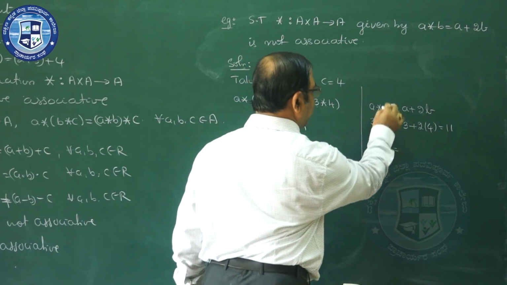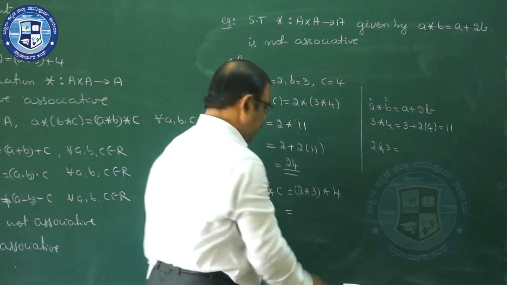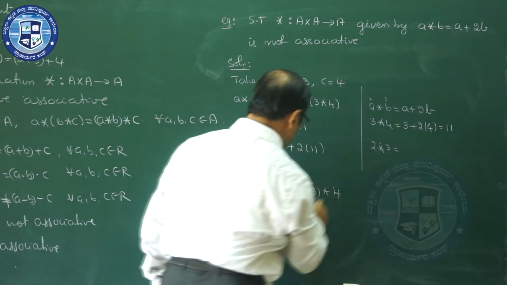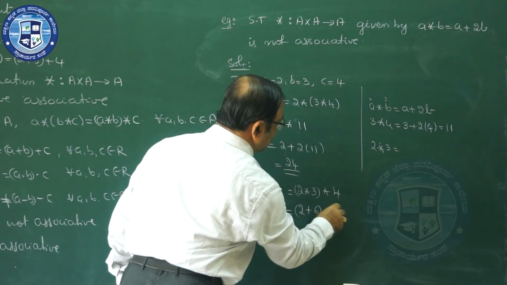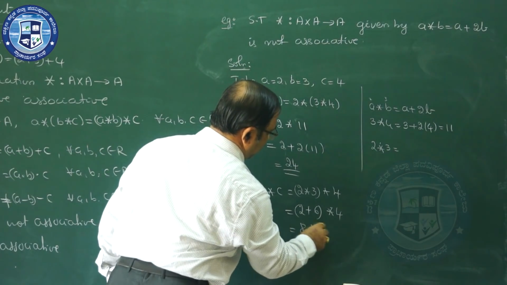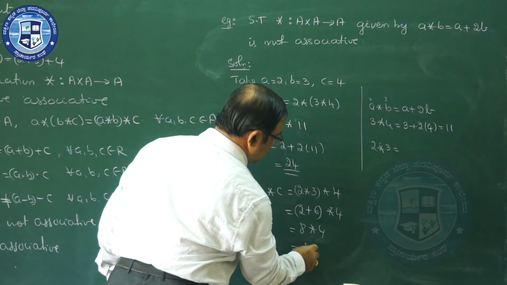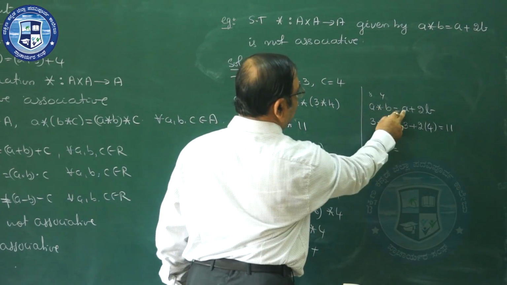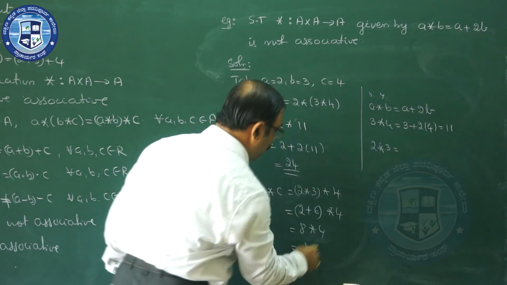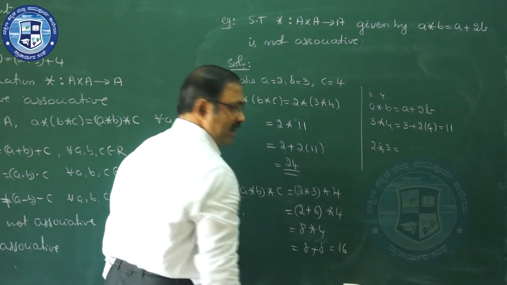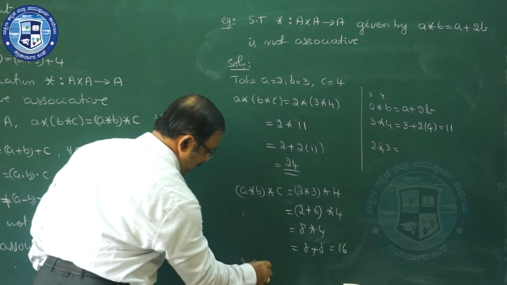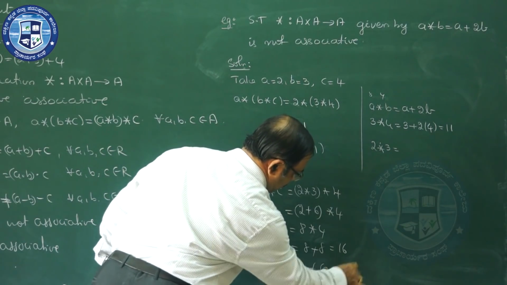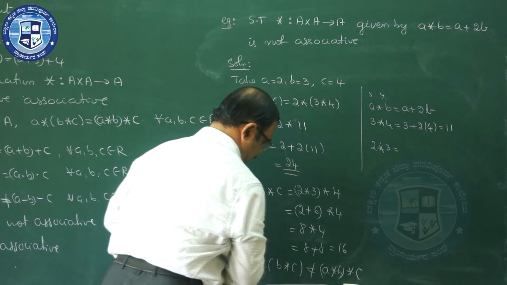This is 2, this is 3. 2 plus 3 into 2, 6 star 4. This is 8 star 4. 8 plus 2 into 4, 8, 16. So we find A star B star C not equal to A star B star C.